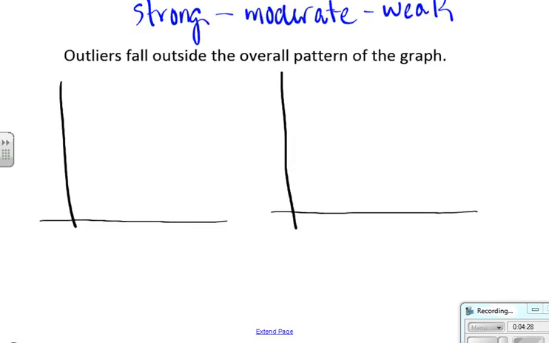Okay, at this point, it's not necessary to attach any meaning to that other than saying it's an outlier. And we'll talk more about X direction versus Y direction outliers in another lesson.